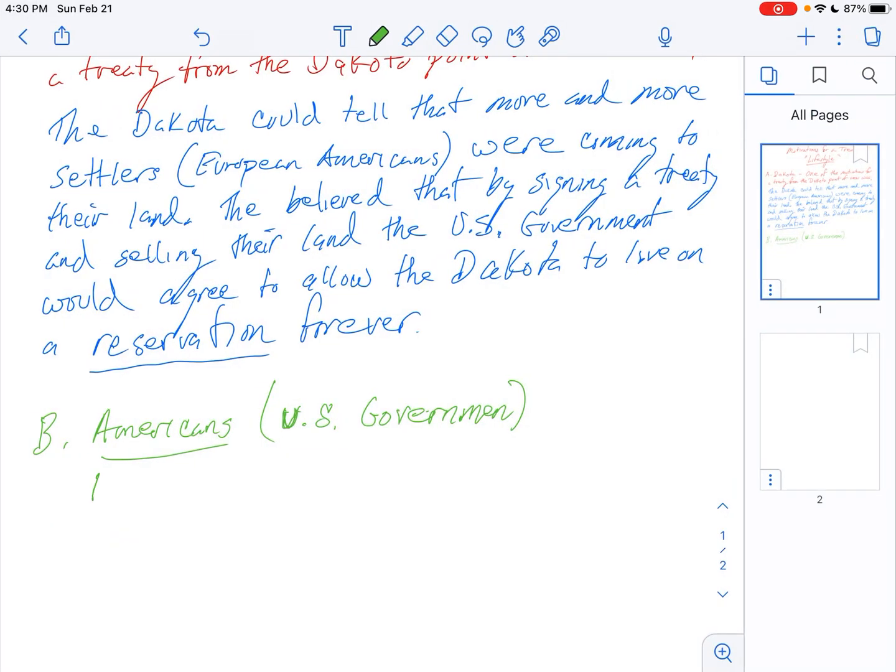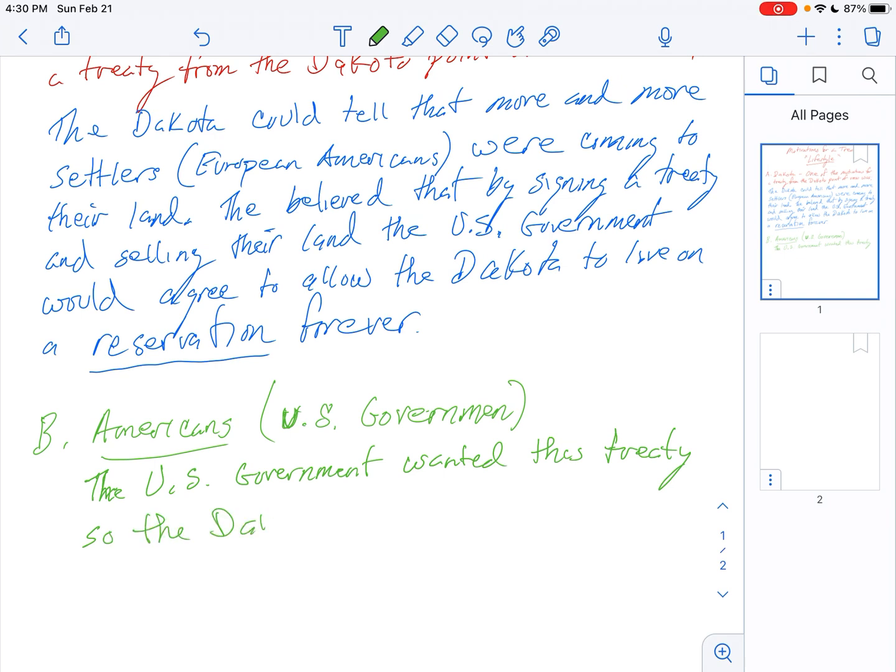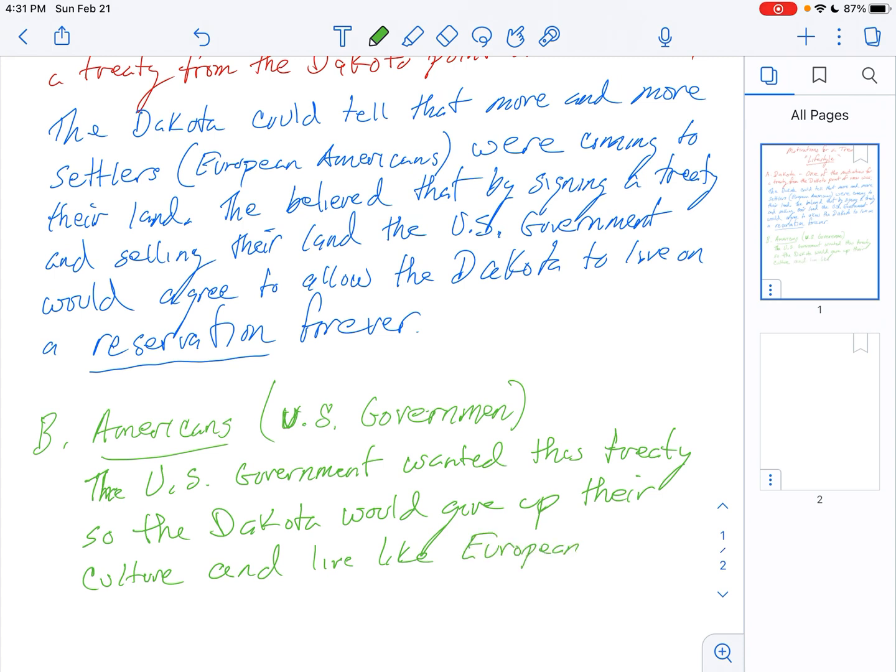Well, the U.S. government wanted this treaty so the Dakota would give up their culture and live like European Americans.